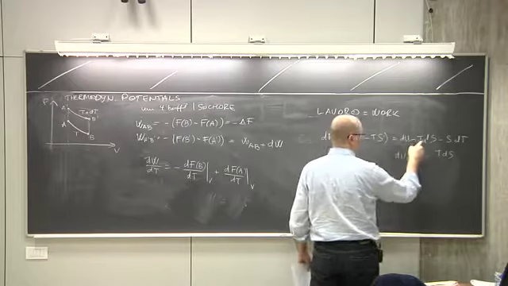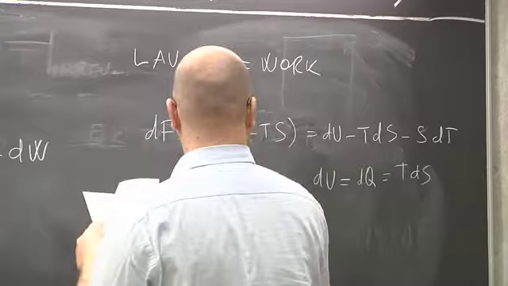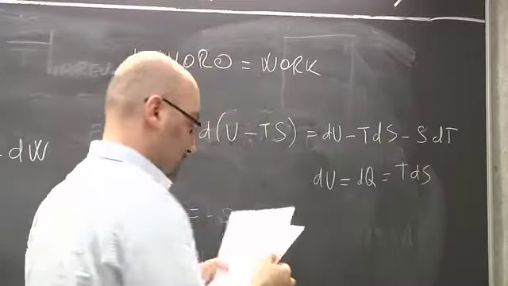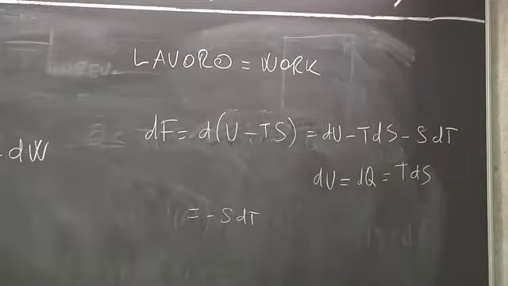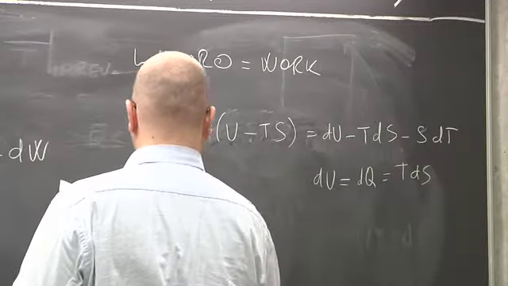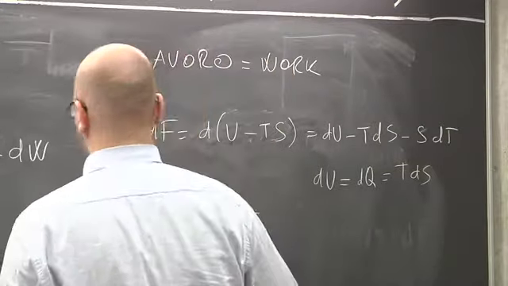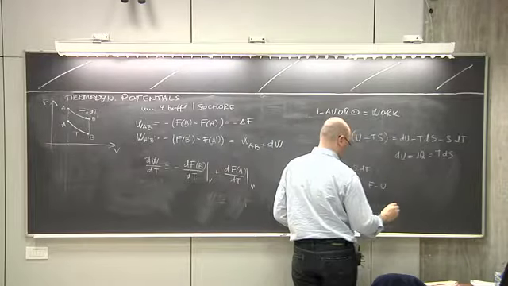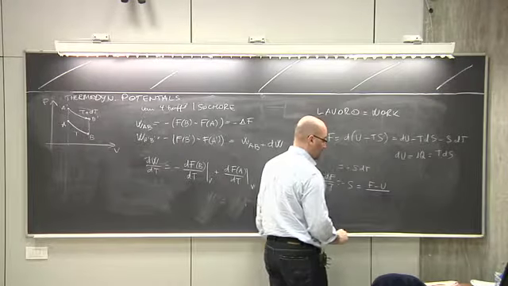So this term and this term just drop out, and dF is equal to minus S dT. So dF by dT is equal to minus S. But S is U minus F divided by T. Actually, minus S is F minus U divided by T.